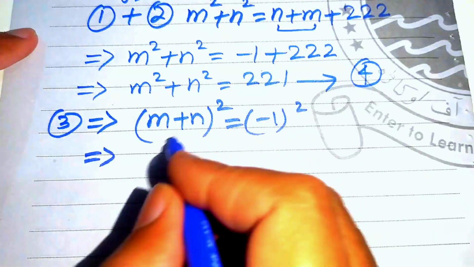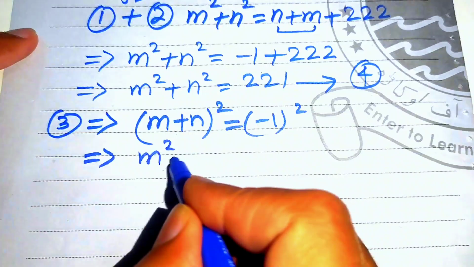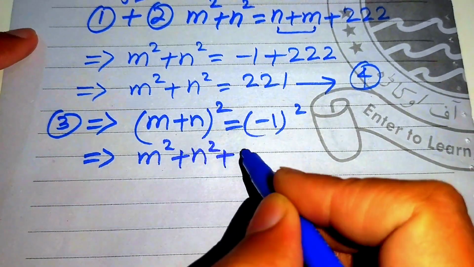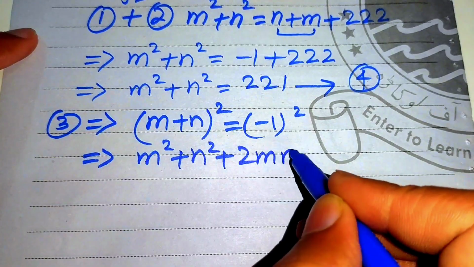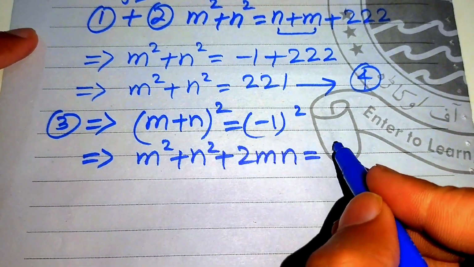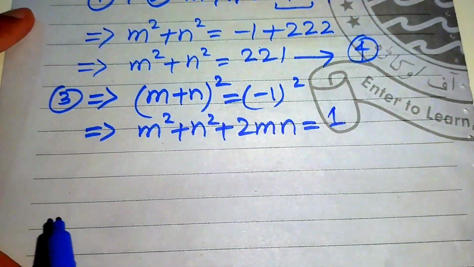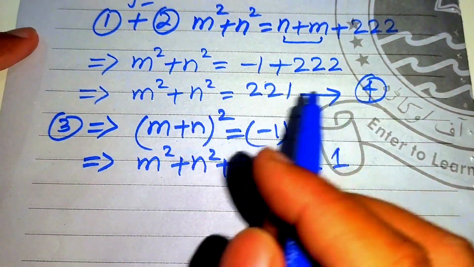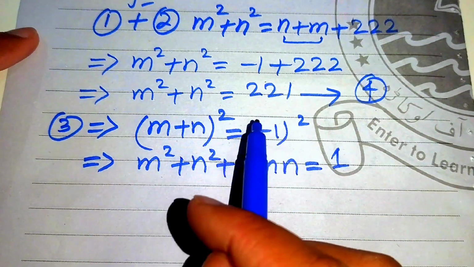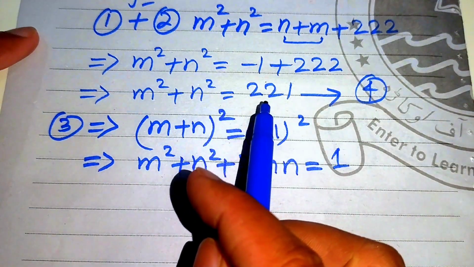Now we open the square of this formula and we get m square plus n square plus 2 times m n equals minus 1 square, which equals plus 1. Here we use equation number 4, and from equation number 4 we have the value of m square plus n square is 221.